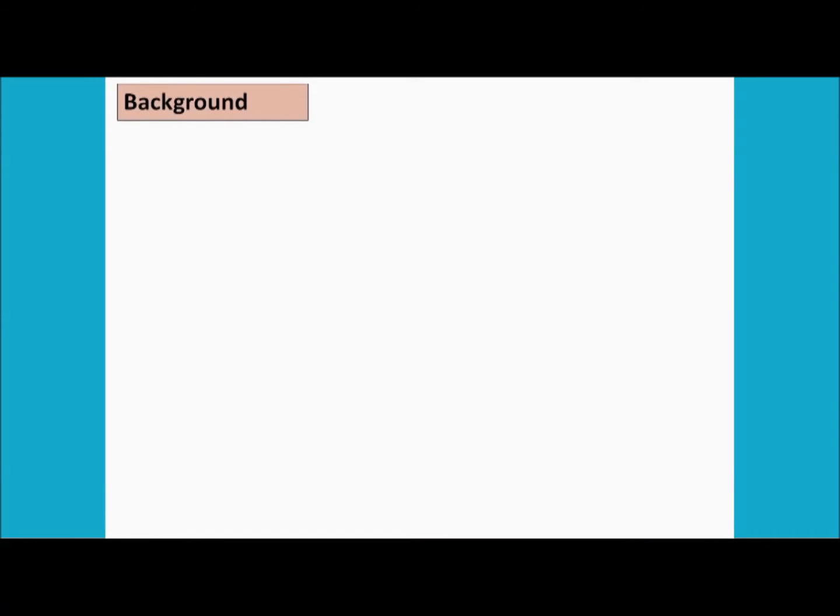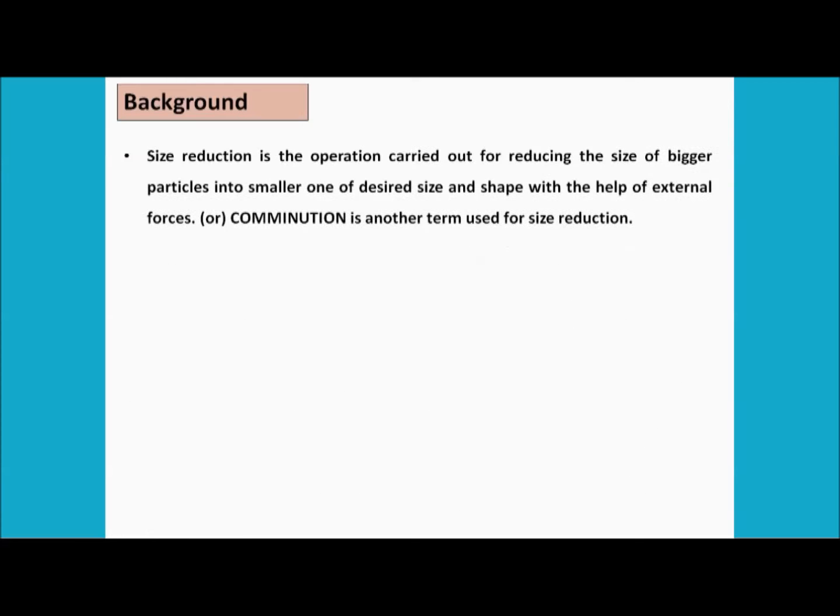So what is the definition of size reduction? If somebody asks you, size reduction is simply an operation which is carried out for reducing the size of a bigger particle, suppose a big piece of stone into sand or crushed stone dust, right?